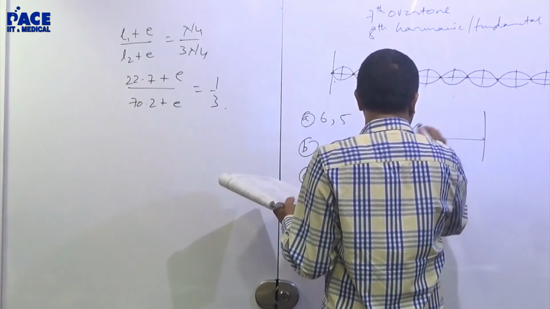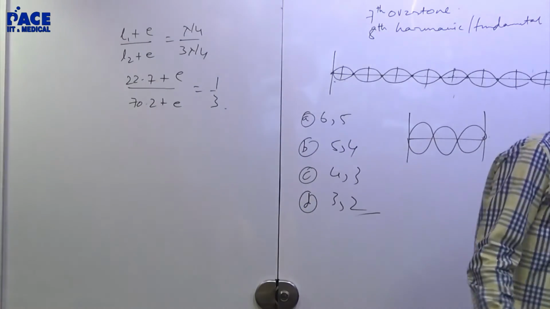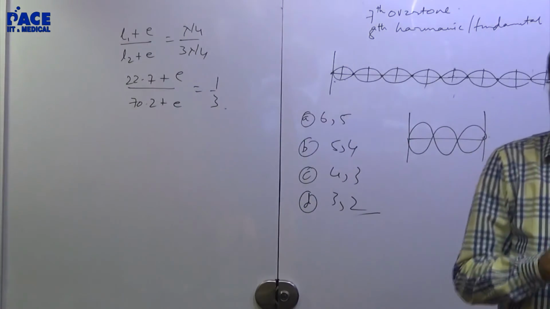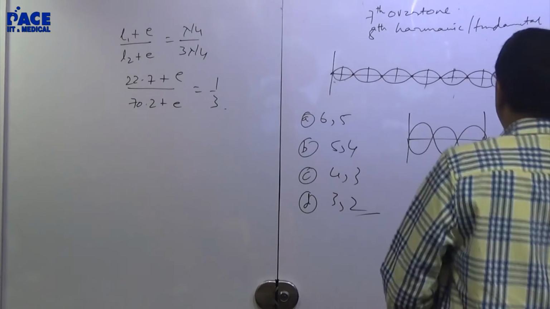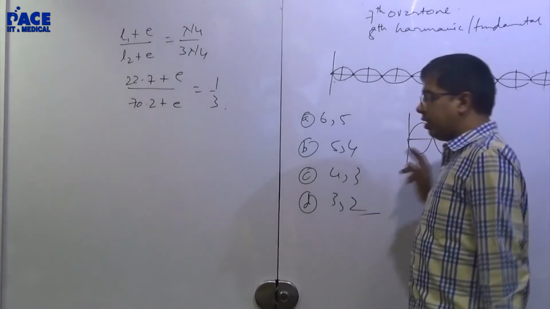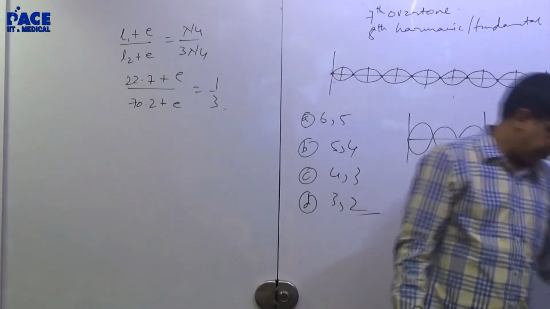That means there is a print error in the question. It's not the 7th overtone. He did the solution for this. Forgive him.